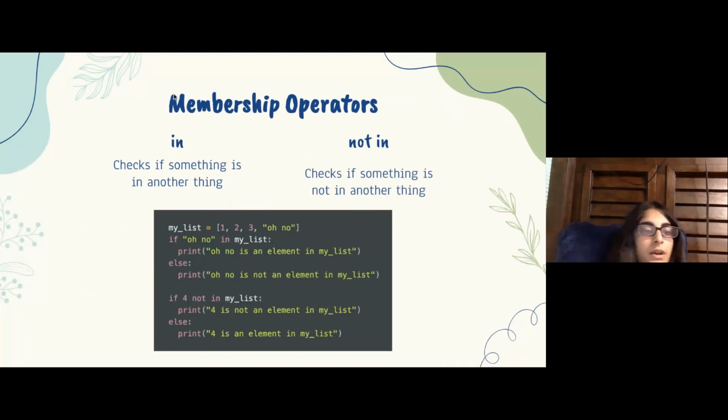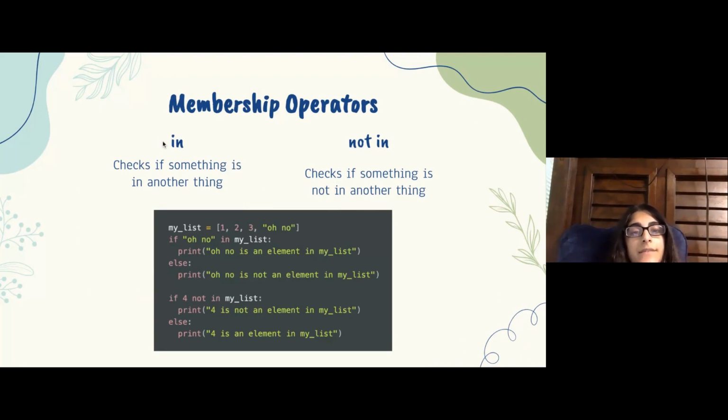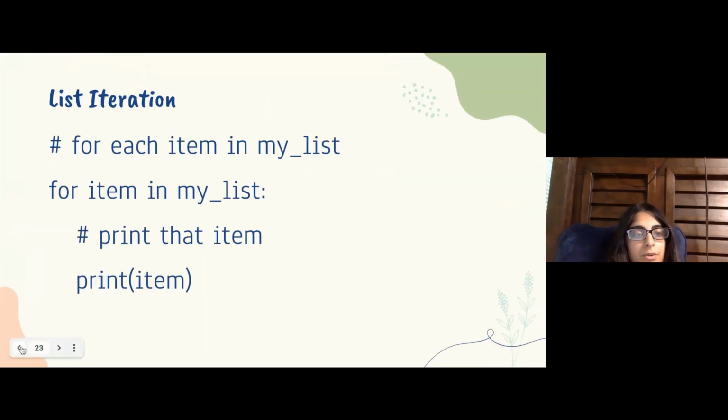And here it's a little bit more in depth about our membership operators. In checks if something is in another thing. Not in checks if something is not in another thing. So we were talking about the iteration before. Let me go back to it.